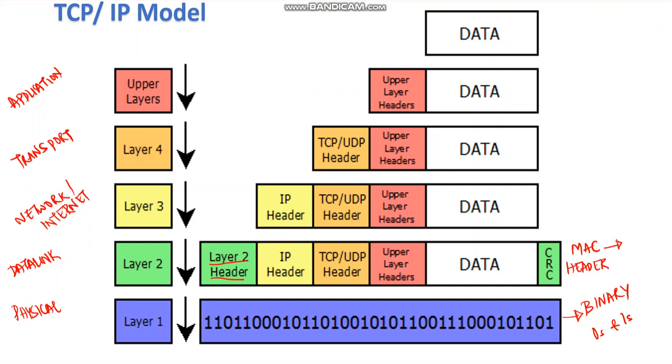What MAC header means is that MAC refers to hardware and it includes the hardware address. Every PC on the network will mandatorily have a hardware address in order to communicate on the network at the physical and data link layer.